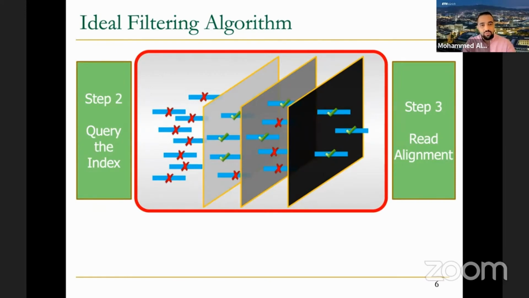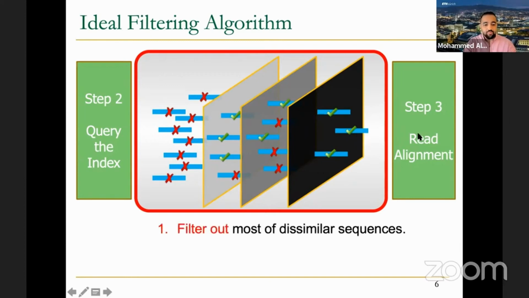And again, how we define good is based on the threshold. If the threshold is set to 5, then we want locations that have 5 or fewer errors. Of course, the fewer the better. And after using the pre-alignment filter, we will still use the sequence alignment.